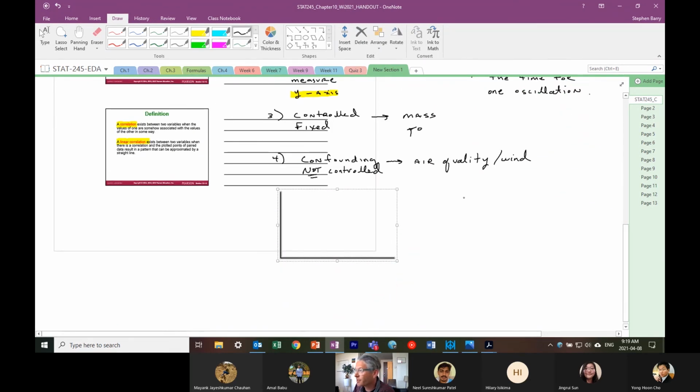Right? What's the equation again? The period is 2 pi root L over g. As you can see here, if you just isolate the important ones, another way of saying it is T squared varies with L, like that.